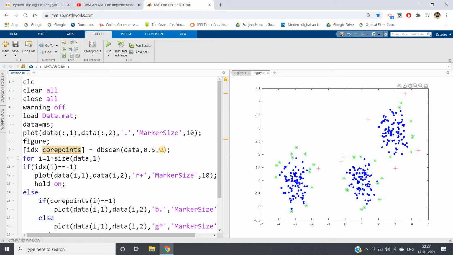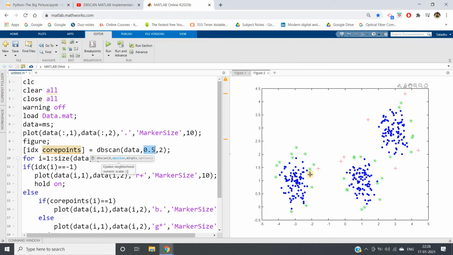Now, very simple, just try to understand. Suppose from 9 I am decreasing the minimum number of neighbors required for a core point to 2. What will happen? Suppose you consider this particular point, this star.